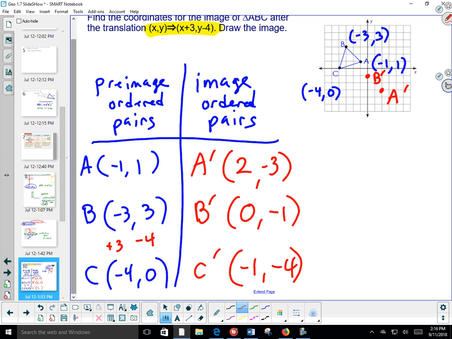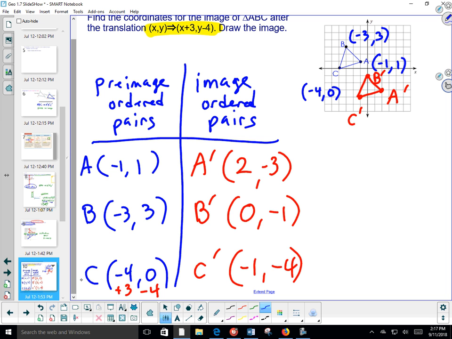Do people agree with that? Yes. Because we add 3 on to the negative 4, that gives us negative 1, and we subtract 4 from the 0, the y coordinate, we get negative 4. So I'm plotting that one, negative 1, negative 4 is right here. And so if I draw this in, does that look right?